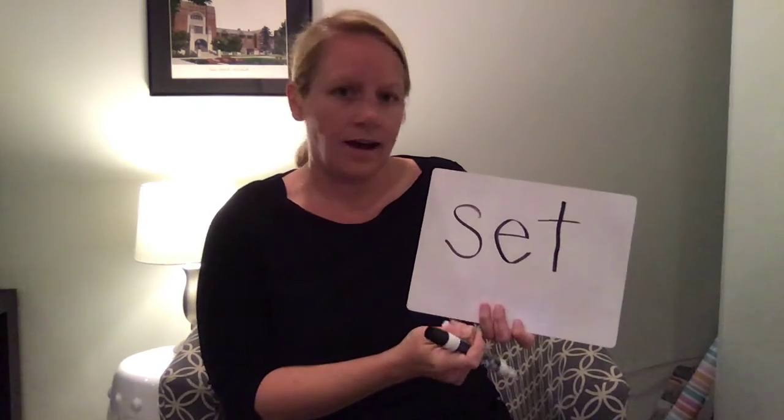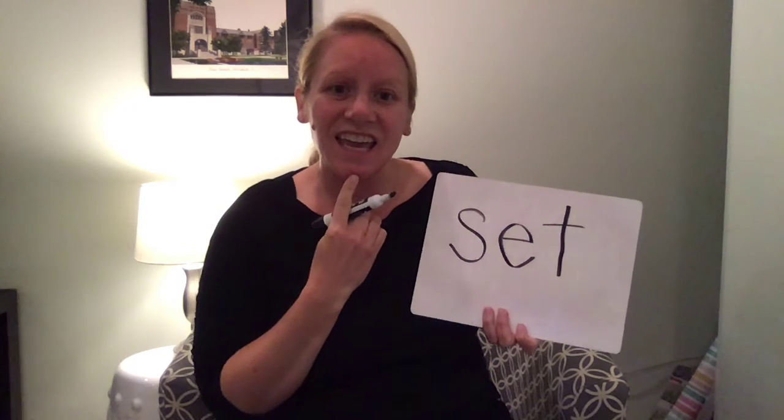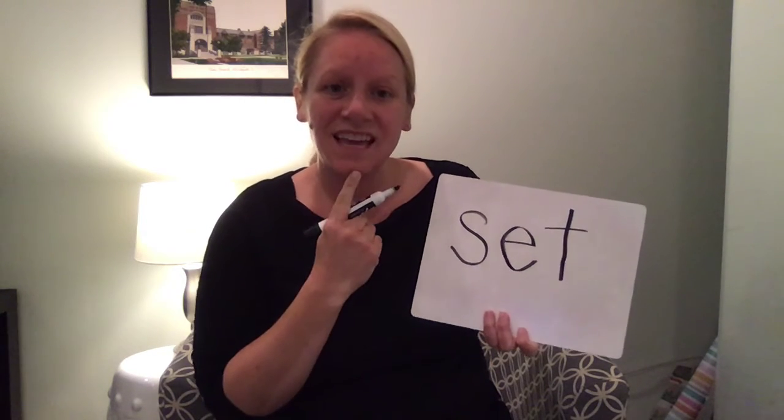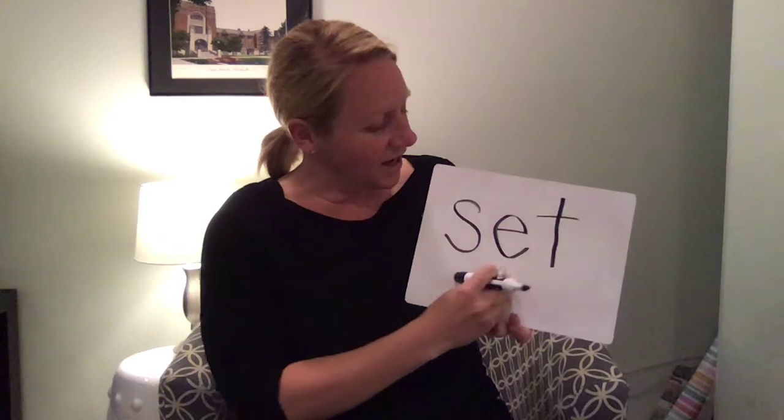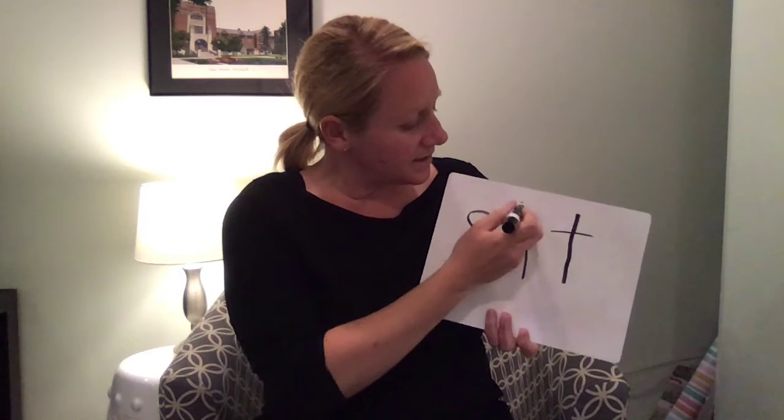I is not the same. I need an I. Look at my mouth when I say I. It has to be an I. I, itch, I. S, I, t, t is the same. Make sure you have S-I-T for sit.